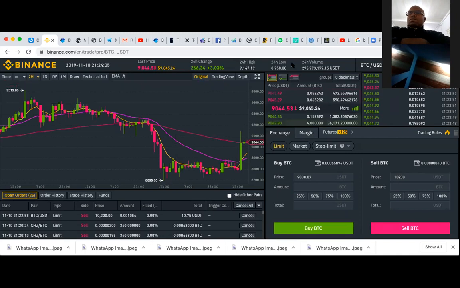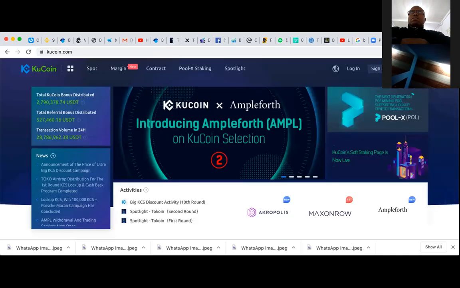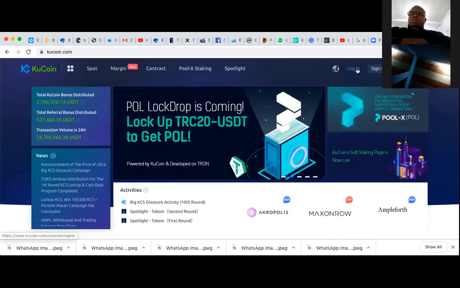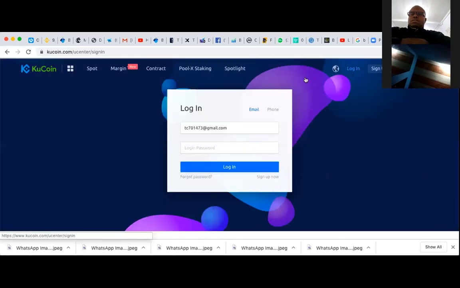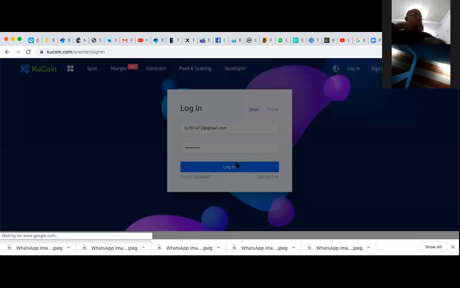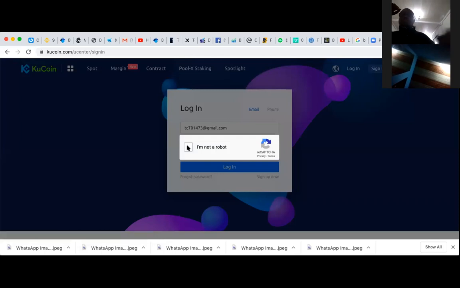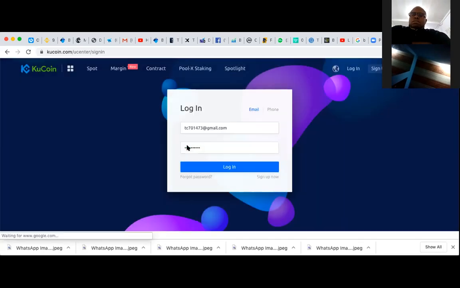Something I need to share very quickly on KuCoin is this. This is KuCoin.